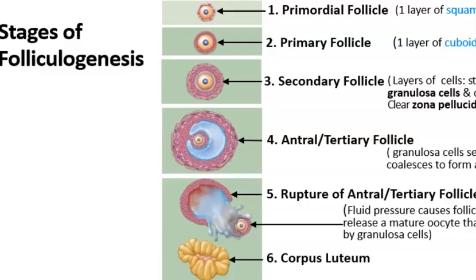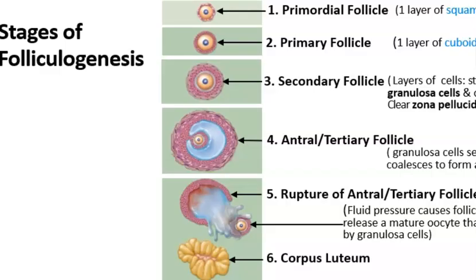So the follicles at these different stages of development are distinguished from each other by their size and structure. The first follicles to develop in the fetus are called primordial follicles, and there's approximately 7 million primordial follicles, each containing a developing oocyte in the fetus.